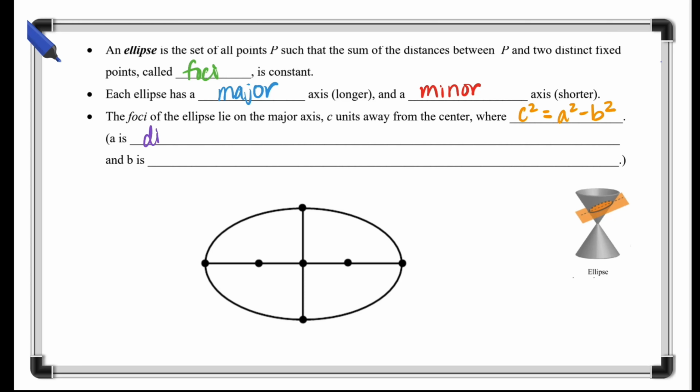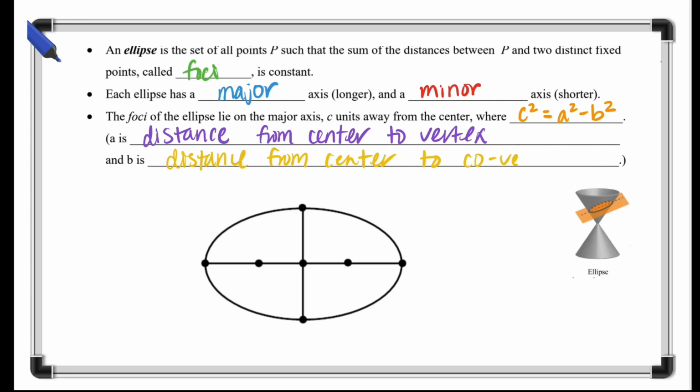Now a is going to be the distance from the center to the vertex, and then b is going to be the distance from the center to the co-vertex.